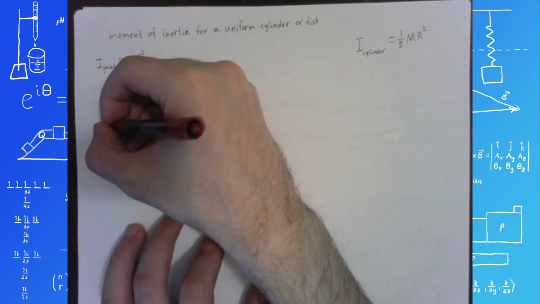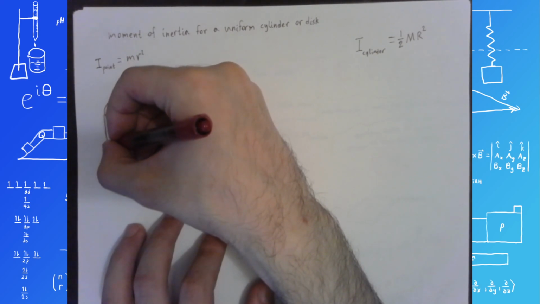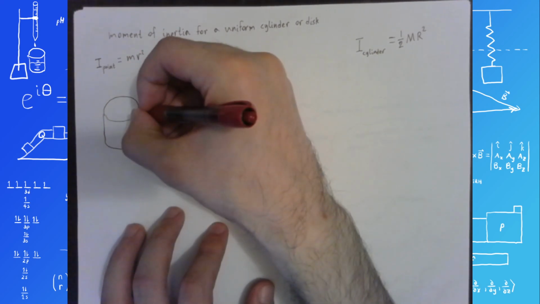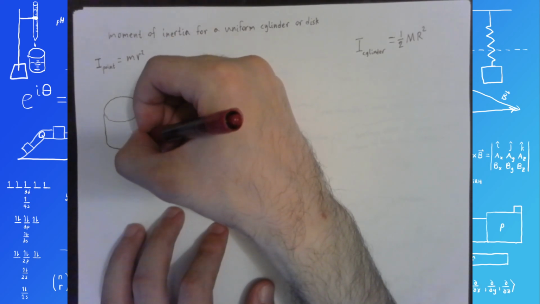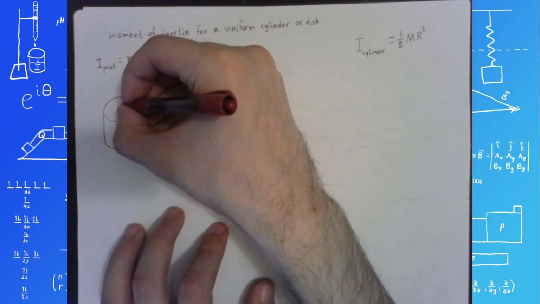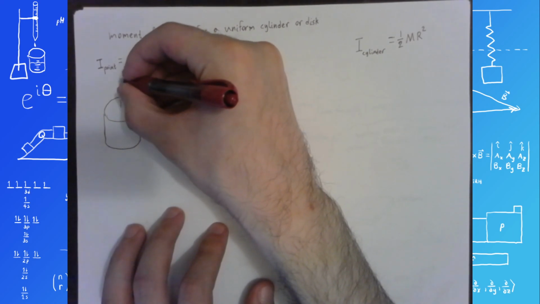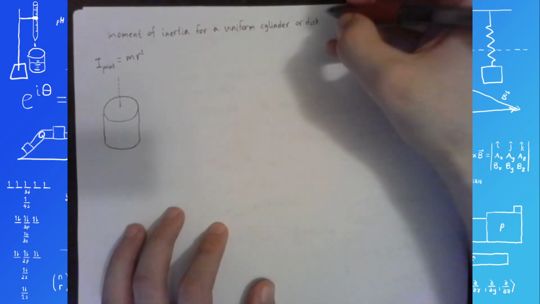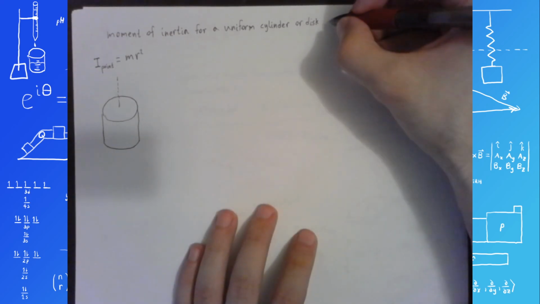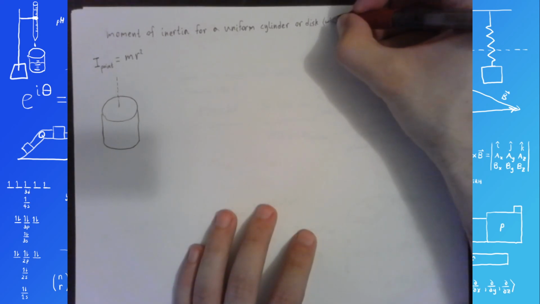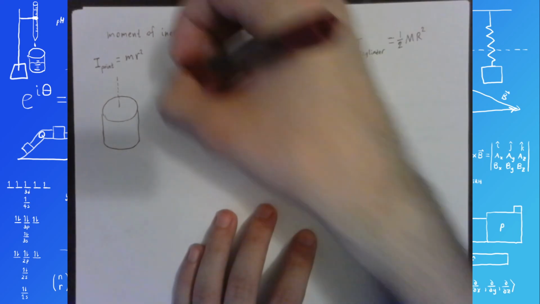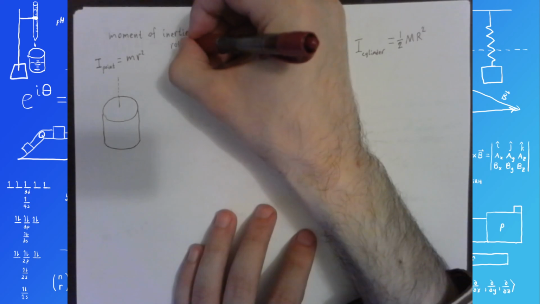So suppose I have a cylinder over here, and my axis of rotation is running through its center. That's also something I should have specified here. Cylinder or disk with rotation axis through center.